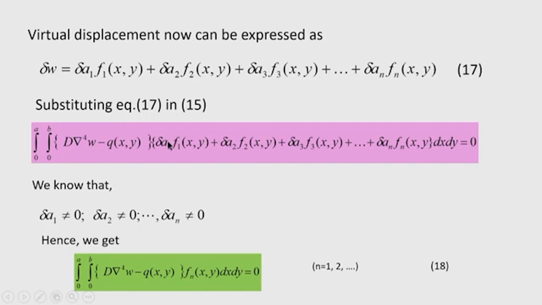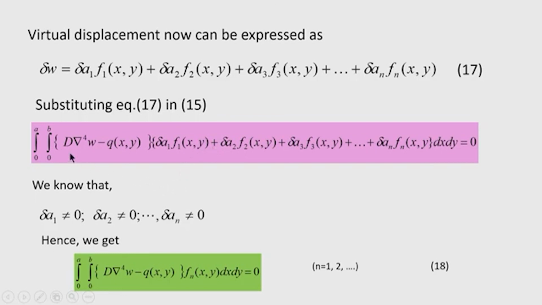Now, you can see that if I break the term, that means, if I multiply term by term and then interpret the results of the multiplication of the left hand side, then since delta a1, delta a2 etcetera are non-zero quantities, therefore, we must get the integral of (D del 4 w minus q(x,y)) into f1(x,y) equal to 0.